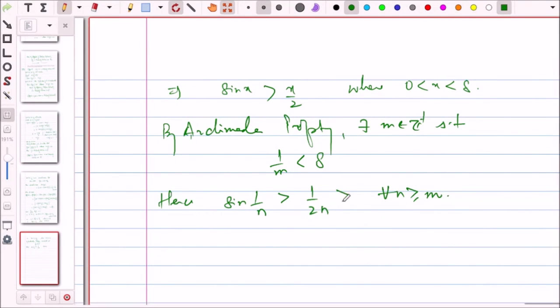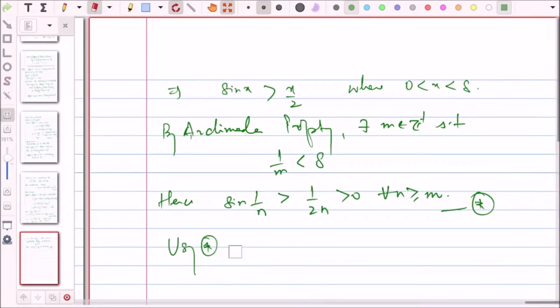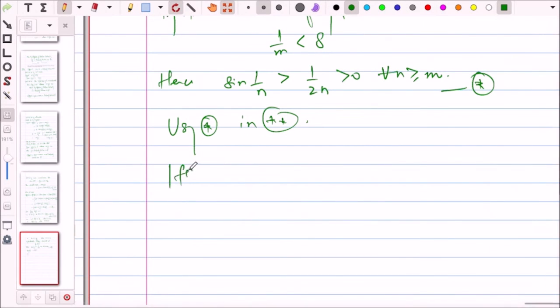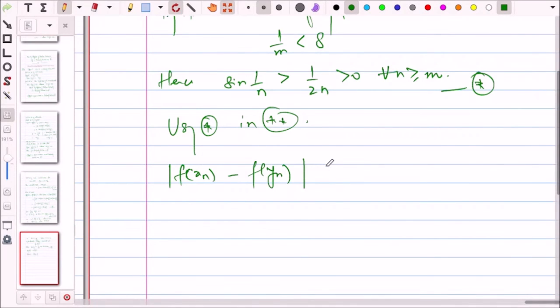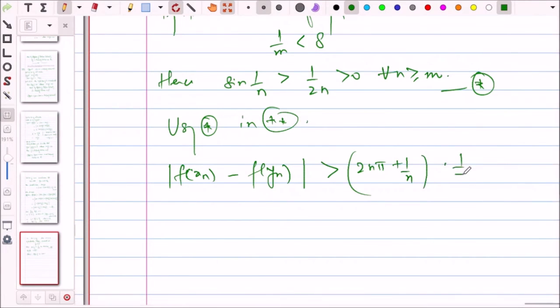So using this, and this is greater than 0, using star in double star, we get x_n minus y_n... f of x_n minus f of y_n is greater than 2n pi plus 1 by n times 1 by 2n. So we have replaced sin 1 by n by 1 by 2n.